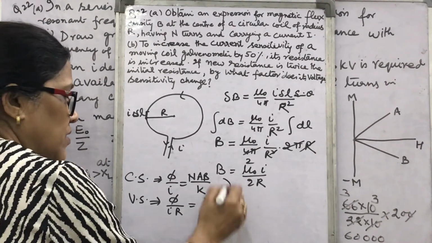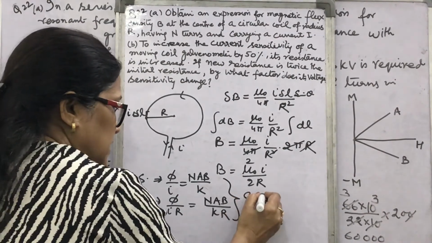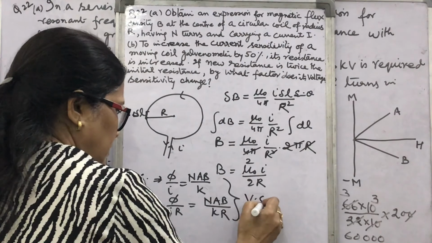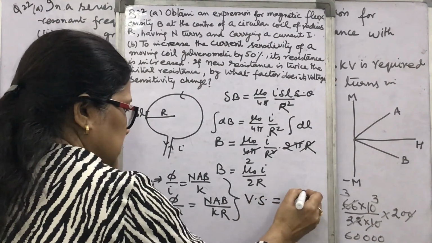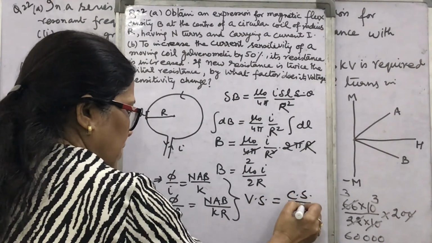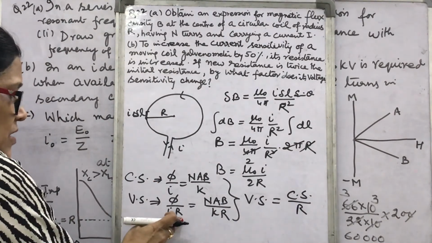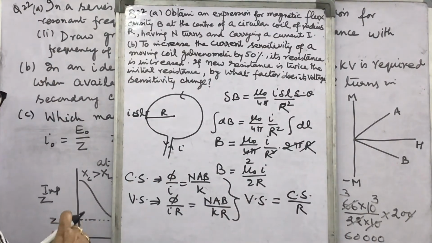So voltage sensitivity can be written as current sensitivity upon R.